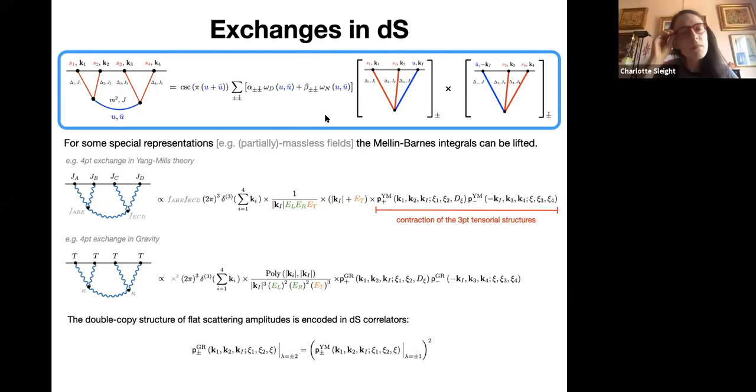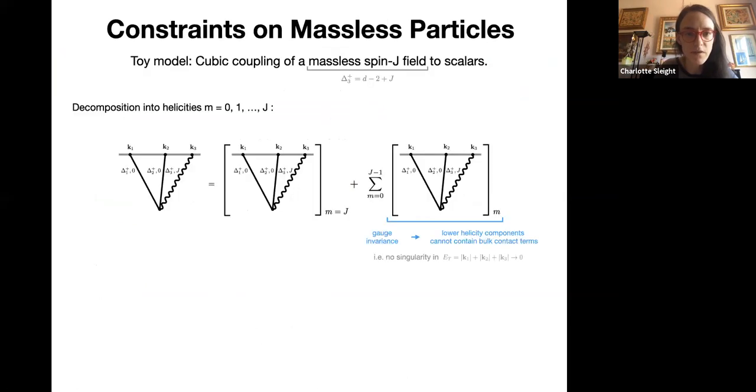And gauge invariance actually manifests itself in quite an interesting way in this Mellin representation. A simple example to consider is the cubic coupling of a massless spin J field to two scalars, where gauge invariance requires that the lower helicity components in the corresponding three-point contact diagram do not contain bulk contact terms.